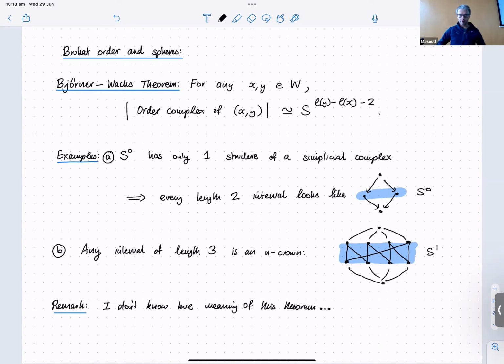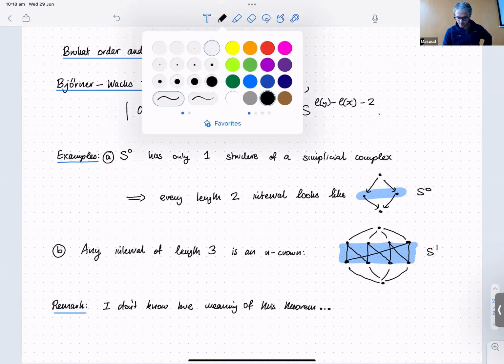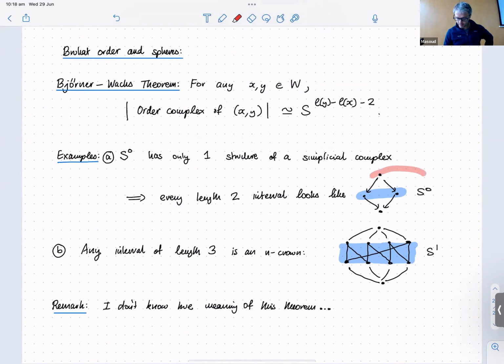So before I said that all intervals in Bruhat order of length 2 look like this. What's the proof of that? Well, the only simplicial complexes that are 0-spheres consist of 2 points. There's no interesting way to construct 0-spheres.